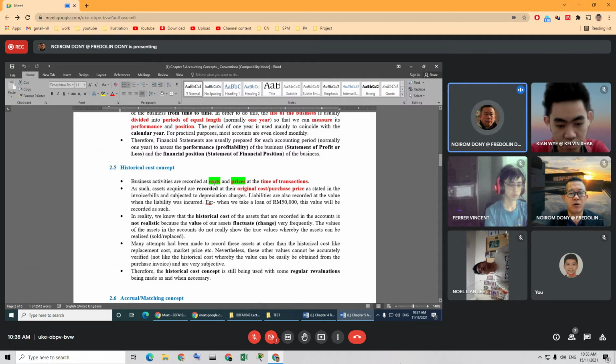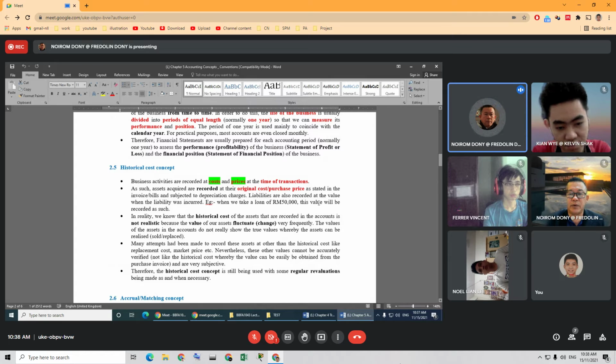So when we record the cost and the prices at the time of that transaction, as such, assets acquired are recorded at the original cost or the purchase price as stated in the invoice and subjected to depreciation charges.